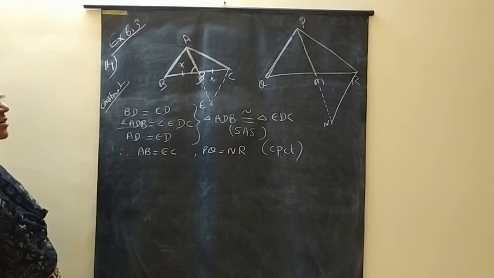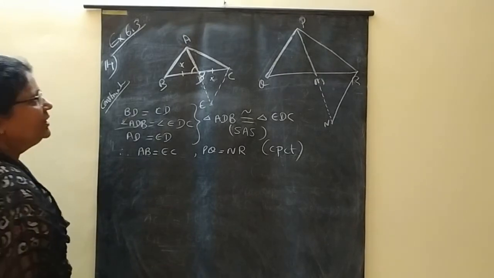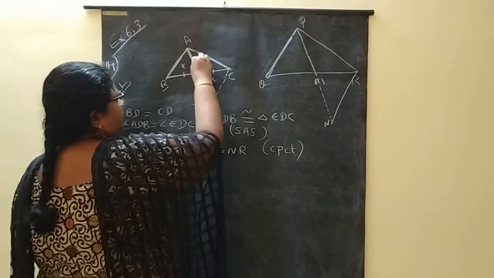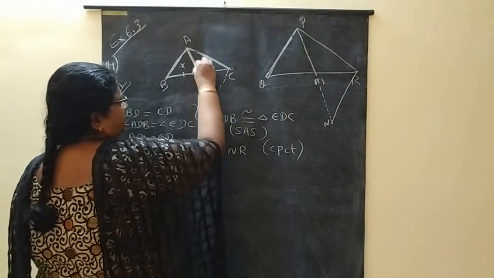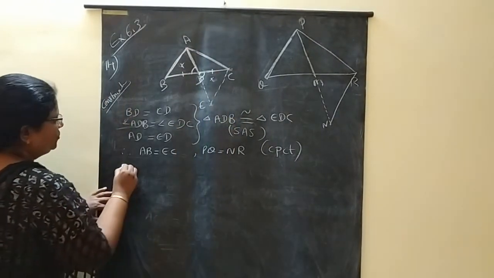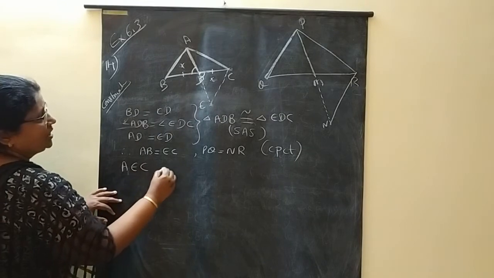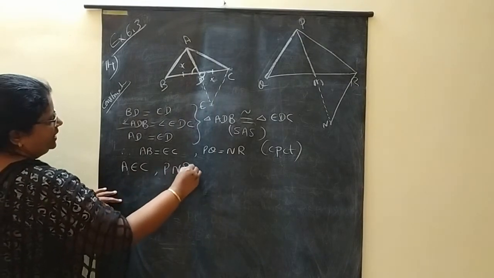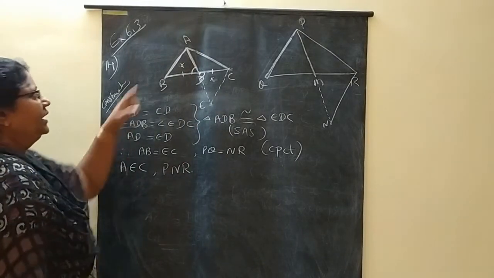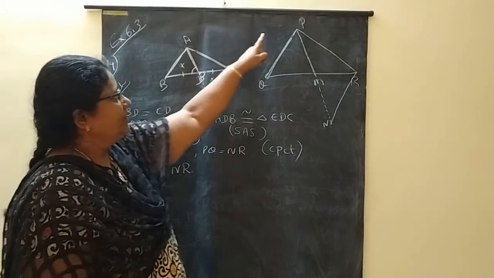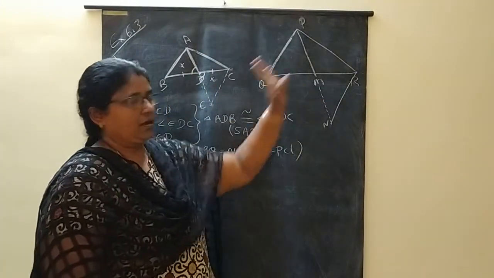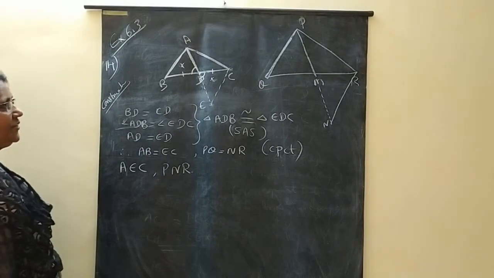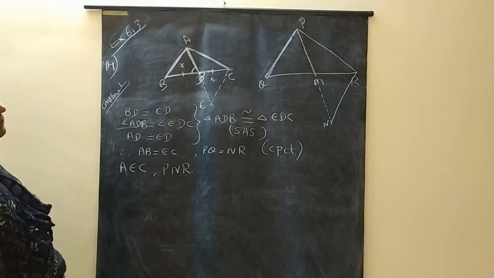Understood this much? Now we are considering this right side big triangle, AEC, there PNR, and proving that they are similar.